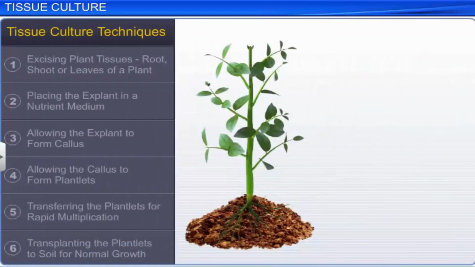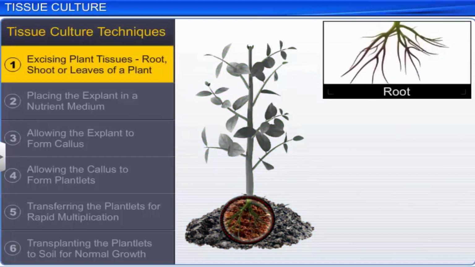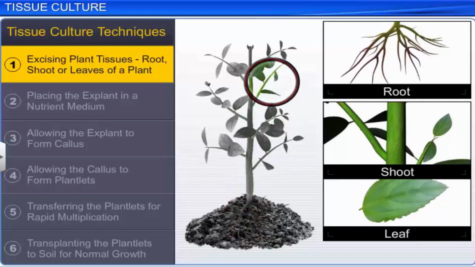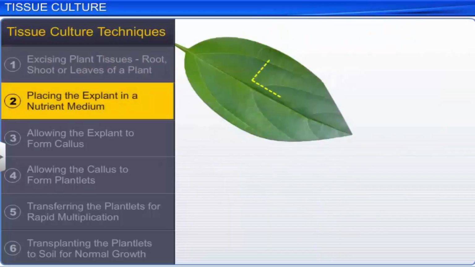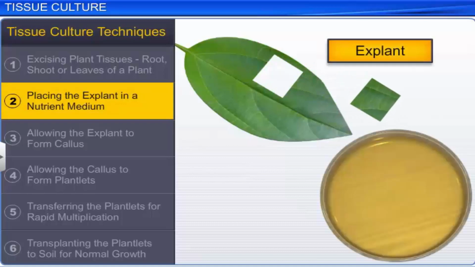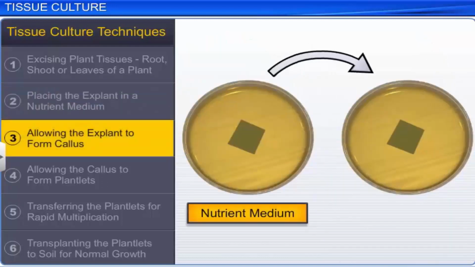The tissue culture technique involves several steps. The first step is excising a small part of plant tissue like the root, shoot, or leaves of a plant. Then placing the cutout part or explant in a suitable nutrient medium, followed by allowing the explants to multiply and form a group of tissues called callus.